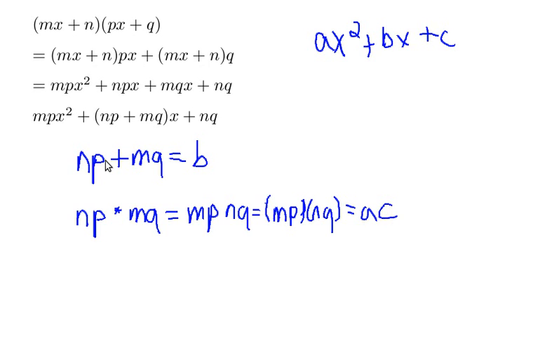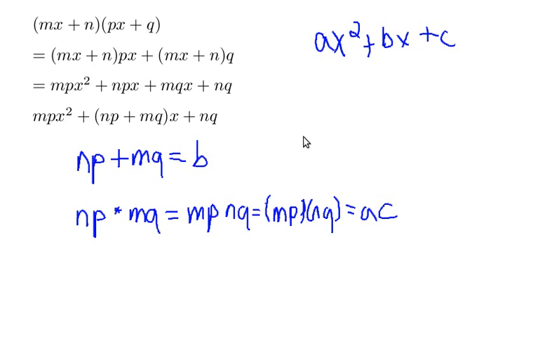So that means that to find np plus mq, to find what you want to separate them to be, you're going to find out what two things multiply to make a times c, but add to make b.